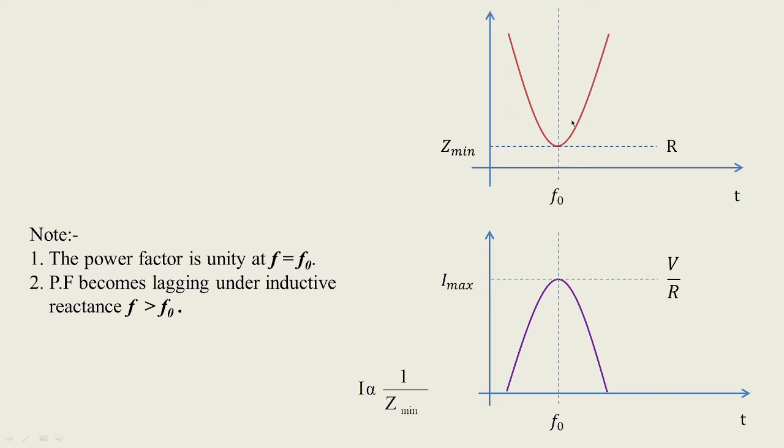This part from f naught onwards is obtained because of the inductive reactance. Similarly, the power factor becomes leading under capacitive reactance, which is quite obvious because before f naught, the circuit is completely predominated by the capacitor. So this is the impedance curve and this is the current curve. This is how we are going to get it.